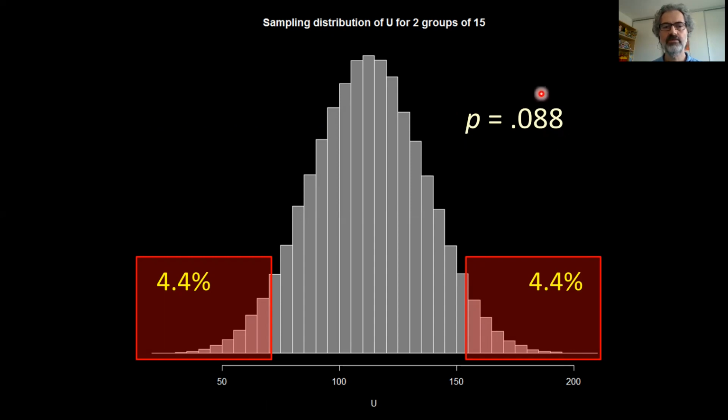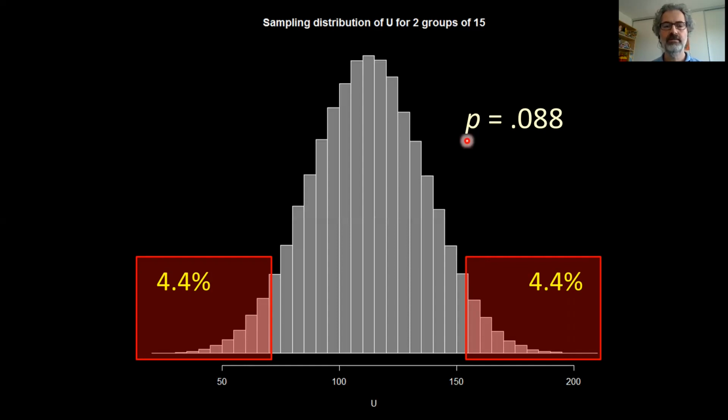So that's how you use a sampling distribution to locate the observed value and count the frequency of occurrence of this or more extreme values, which is what the p-value means. How frequently the observed or more extreme indices will be obtained by random sampling.